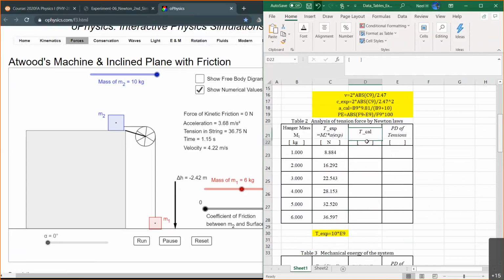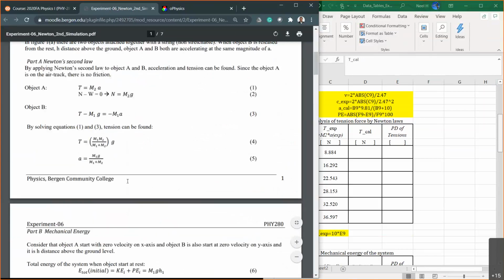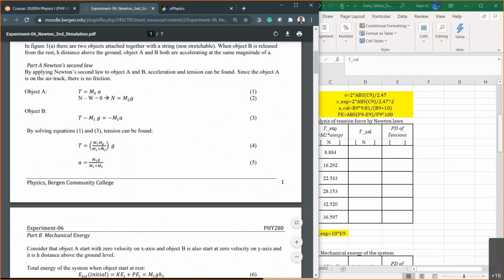Question. Tension calculated, on the other hand, is based on Newton's laws, right? So if I use Newton's law, calculated tension you can get by using equation number 4 right here.